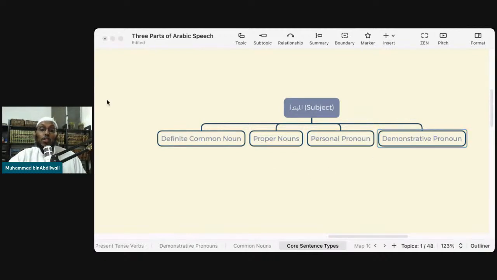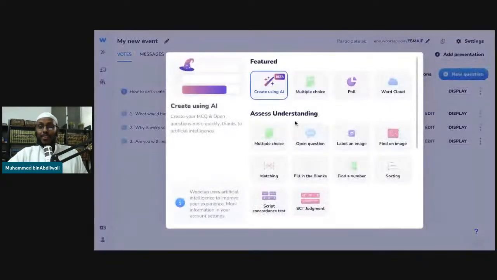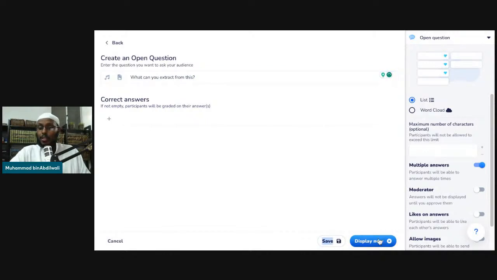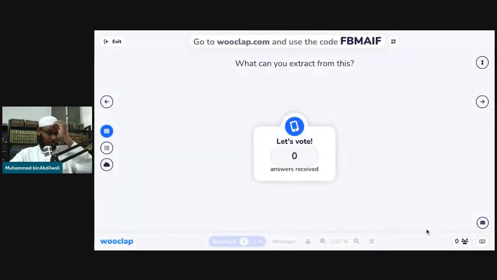Let's see who is really, really smart. What can you extract from that? I'm asking you. What can you extract from this? Let's see who's awake and who's asleep.